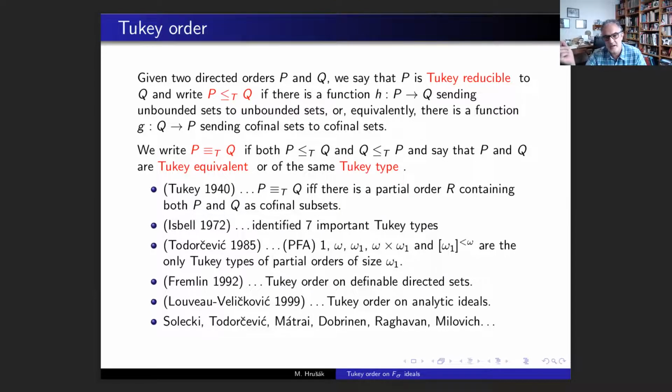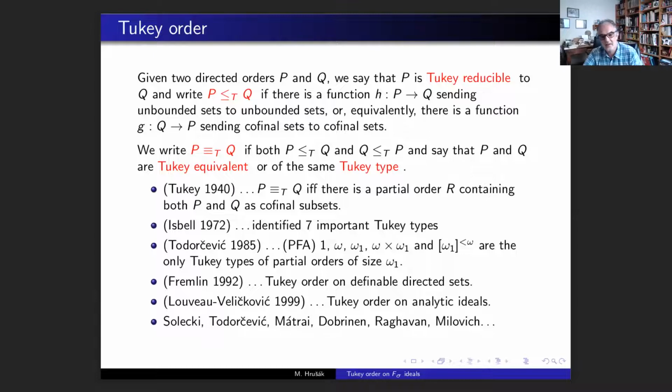You either have a maximum element, so the type is 1, or you don't, and then because of directedness, the cofinal type is omega. So that's easy. But for omega 1, Tukey realized that there were 5 different cofinal types of subsets of omega 1. Isbell under CH showed that there are at least 7.